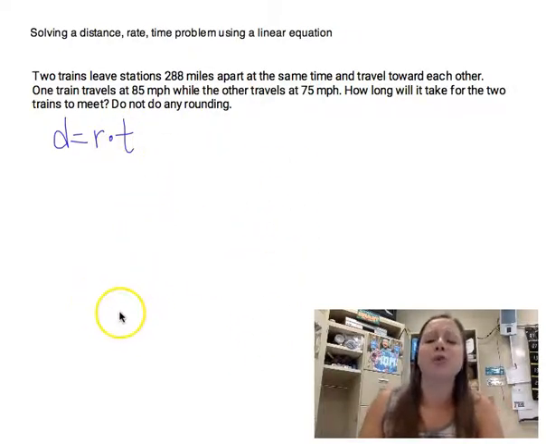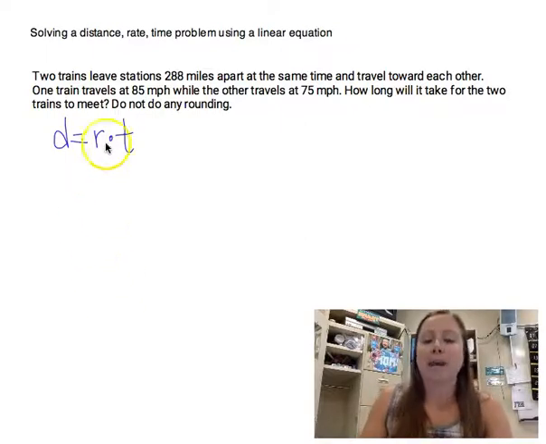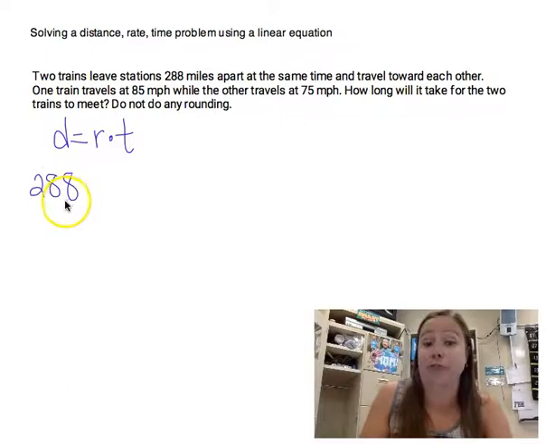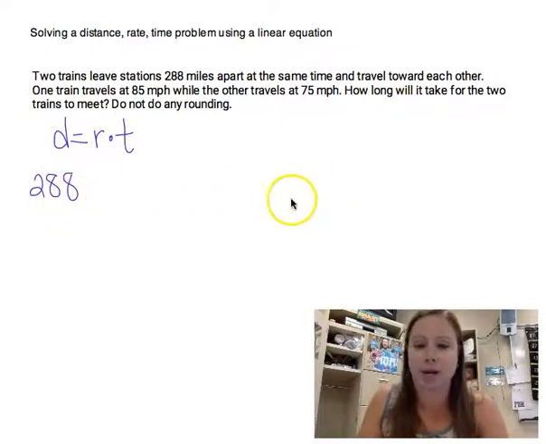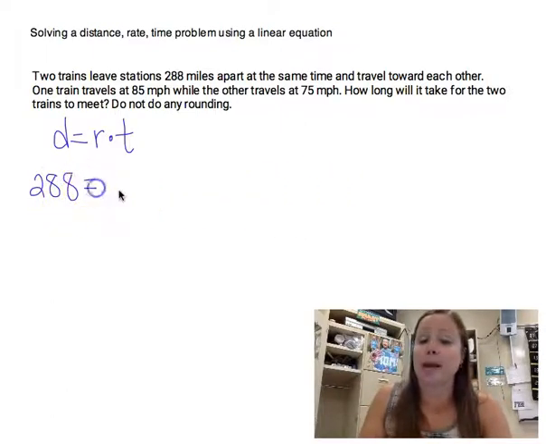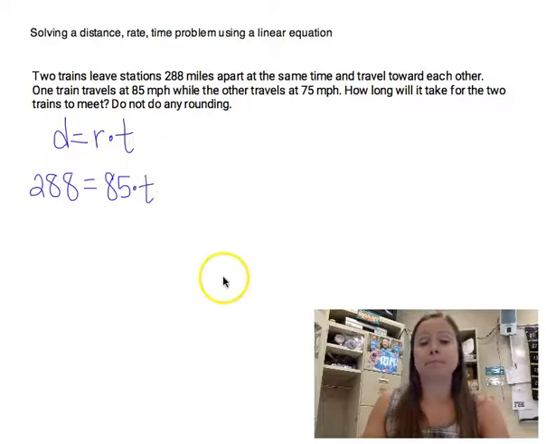If we think about the trains individually first, my first train would travel 85 miles per hour, so that would be its rate. So the distance, the whole distance from that first train to get to the second train would be 288 equals 85 times the amount of time.